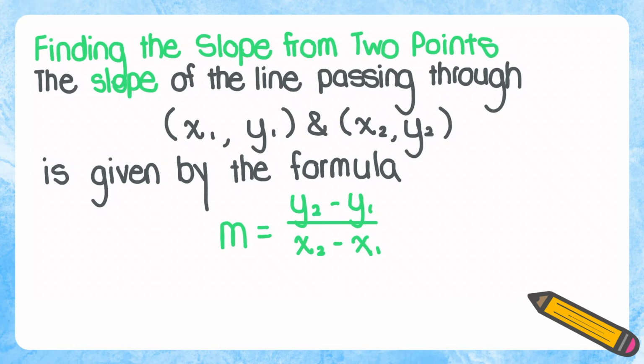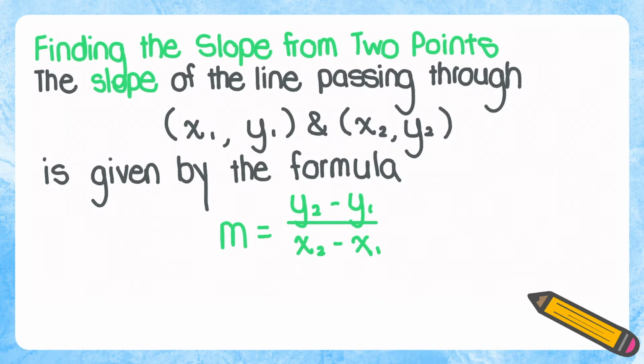Let's break this down a little bit. Last time we talked about how the slope is the rise over run, or the change in y over the change in x. So the change in y is described by y sub 2 minus y sub 1, and the change in x is described by x sub 2 minus x sub 1.